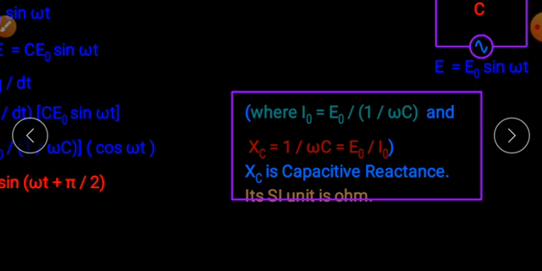So the capacitive reactance limits the amplitude of current in a purely capacitive circuit in the same way as the resistance limits the current in a purely resistive circuit.